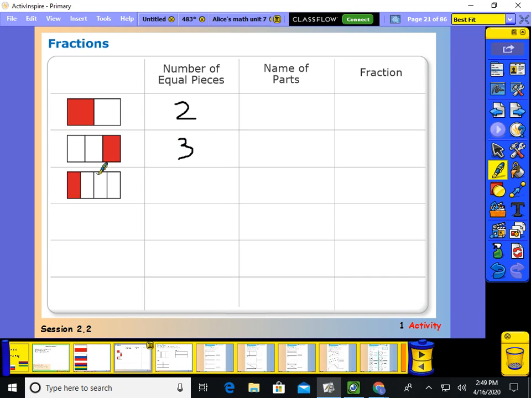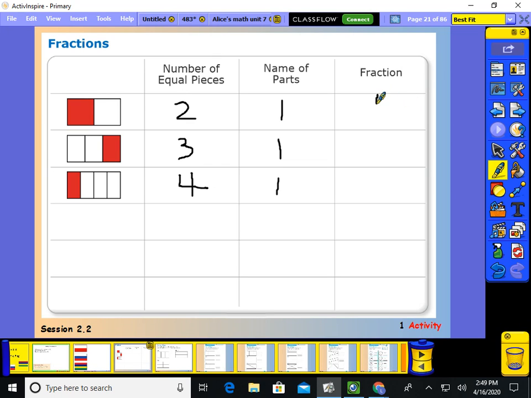And there are 1, 2, 3, 4 equal pieces or parts of that whole, is what I wish this said. Okay, now there is one part that is shaded red. There is one part that is shaded red in this rectangle, and there is one part that is shaded red in this rectangle.